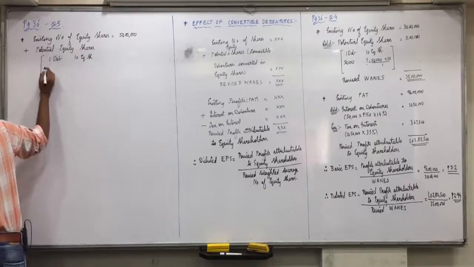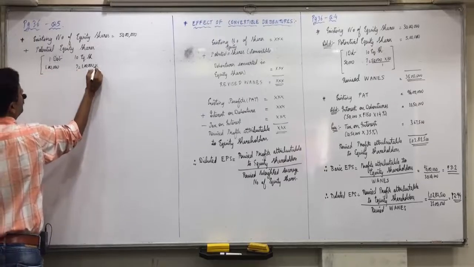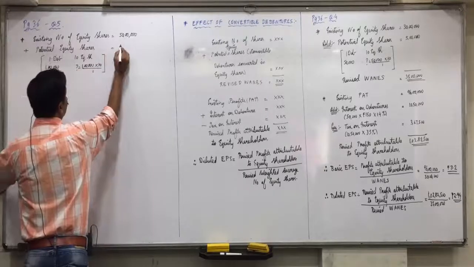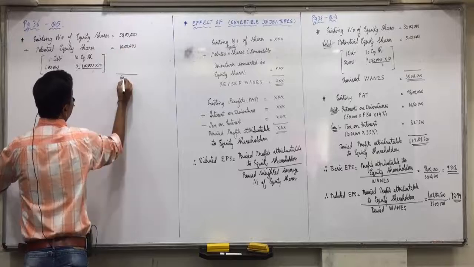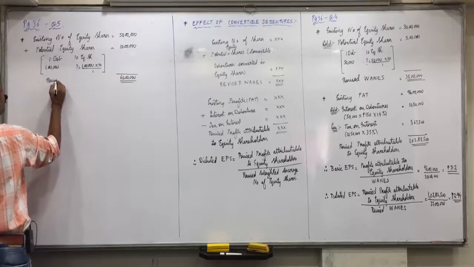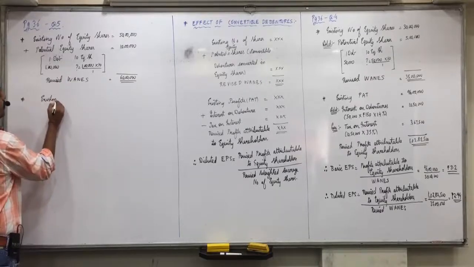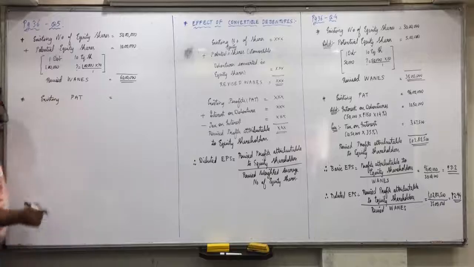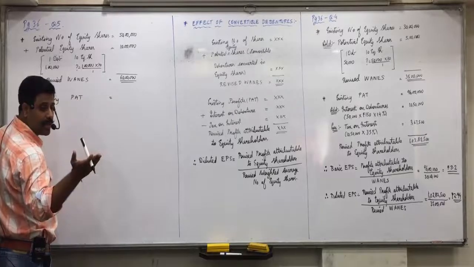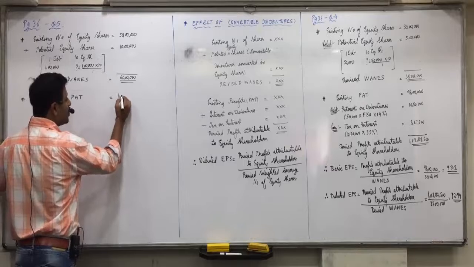So 1 lakh debentures, how many? 1 lakh into 10 by 1, 10 lakh equity shares. 50 plus 10, 60 lakhs is revised shares. Existing PAT, how much? 1 crore is given in the question. Net profit after tax of the current year 1 crore. So existing PAT is 1 crore.